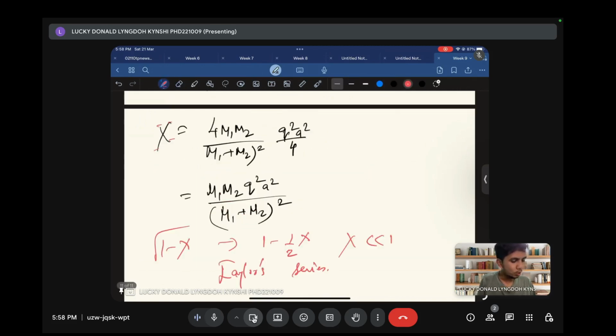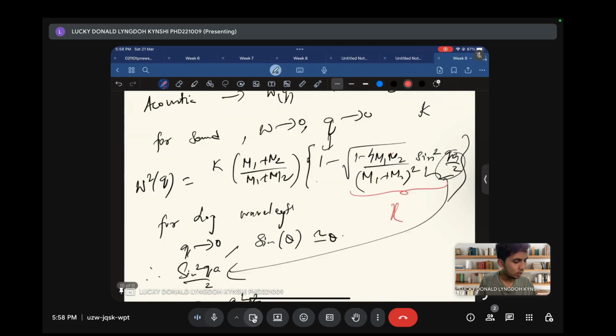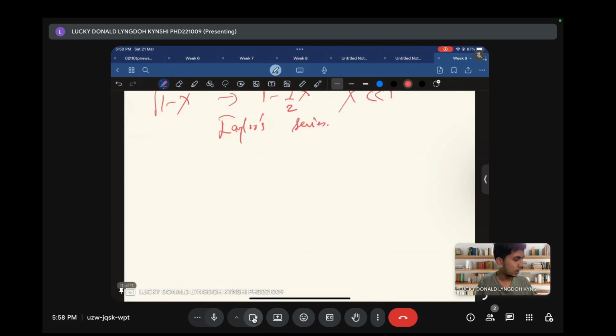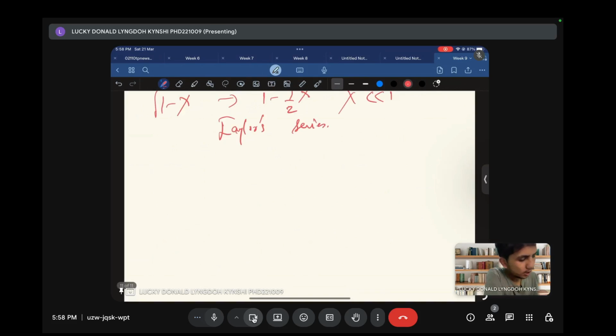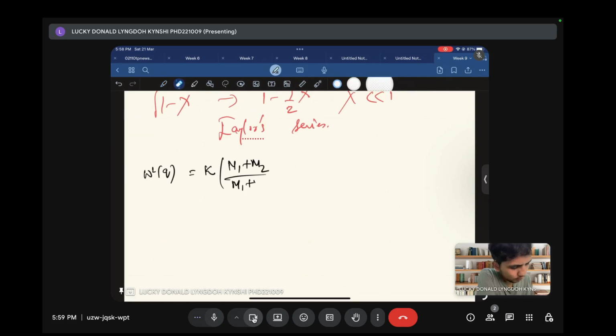Right, so now you know x, you know this integration, and you can easily calculate what is the omega in terms of k. So if I write completely, omega square will be equal to k times m1 plus m2 by m1 m2, correct?